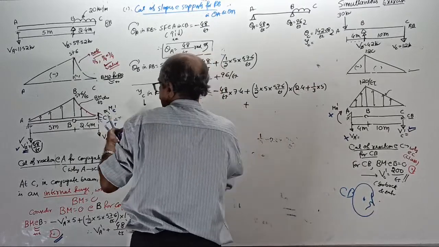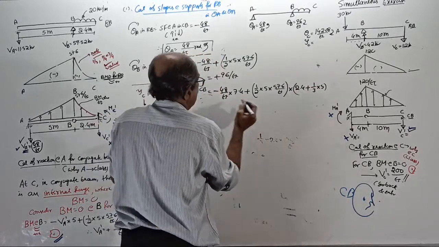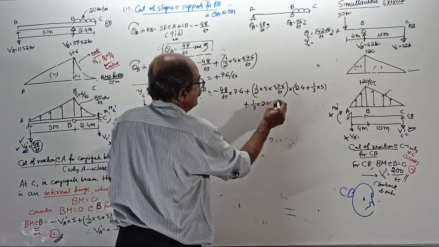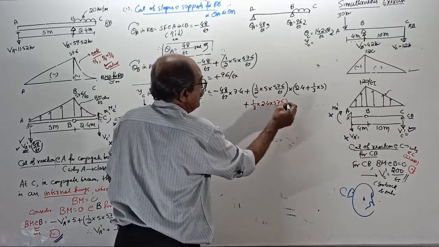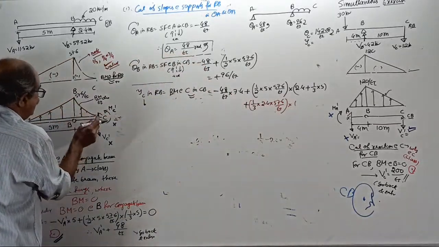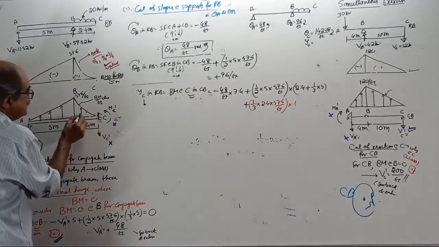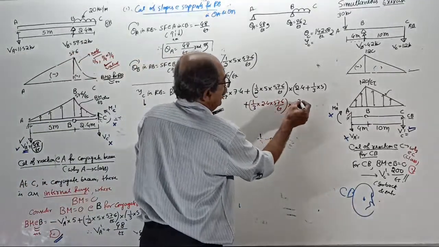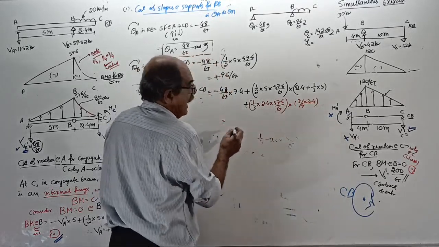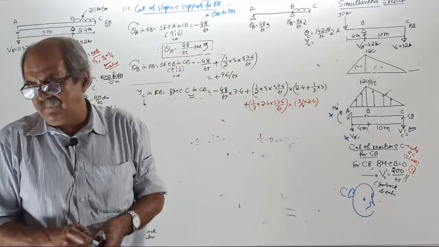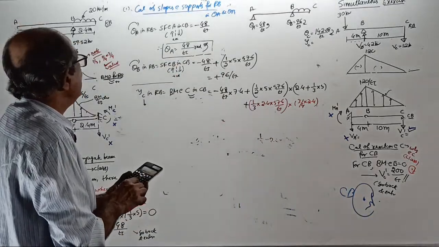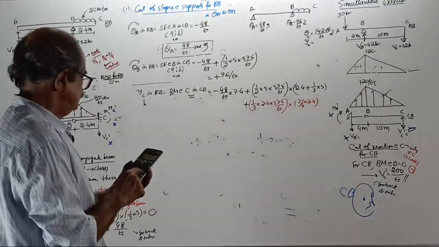Again plus the parabola, 1/3 of 2.4 into 57.6 by EI, with its center of gravity at 3/4 of 2.4. This was explained endless times. Calculate the answer. I will apply my own personal trick, not your trick.